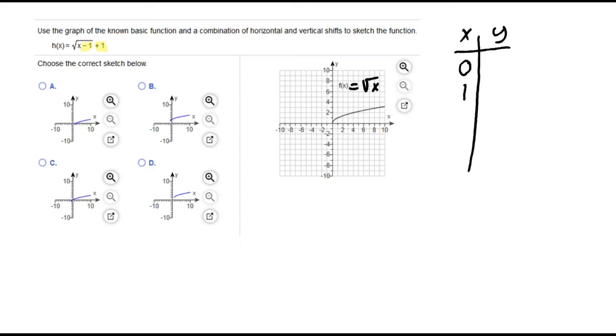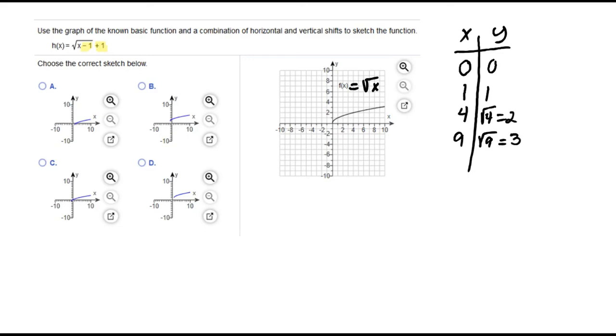So numbers like that are perfect squares, like 1. Square root of 1 will be 1. Square root of 0 will be 0. Then maybe 4. Square root of 4 is equal to 2. And then 9. Square root of 9 is 3.